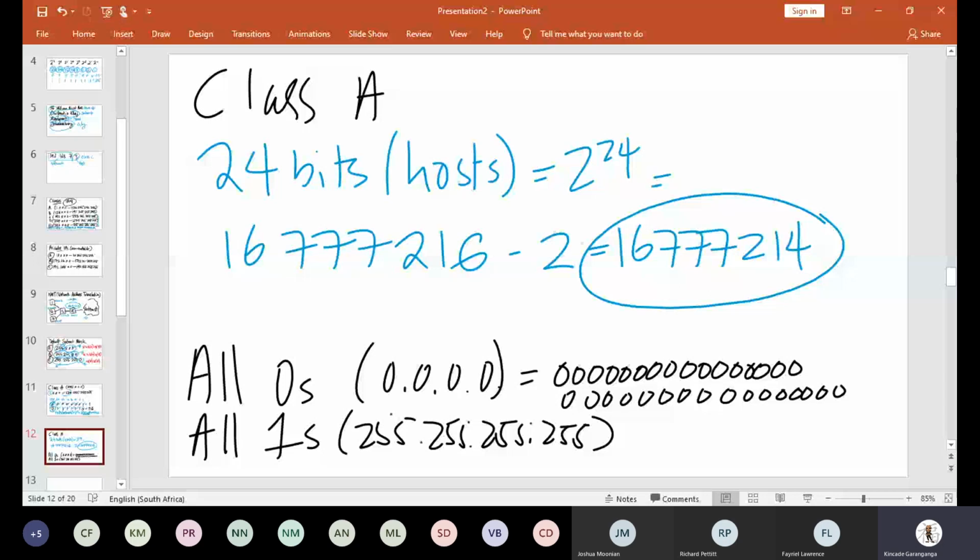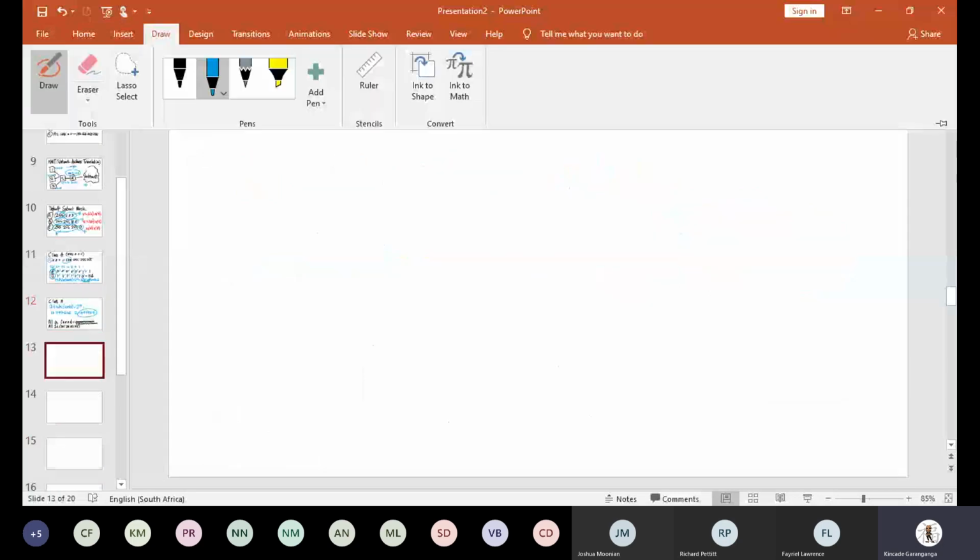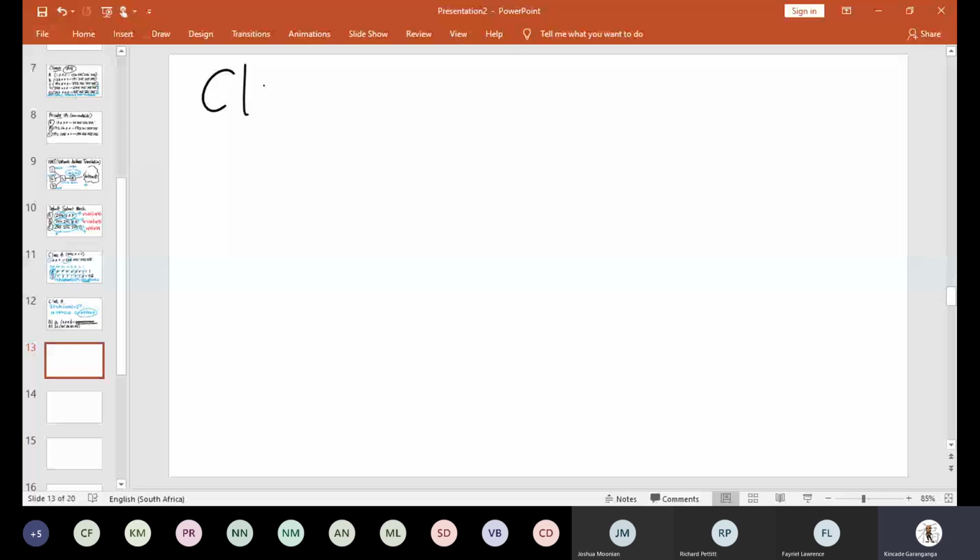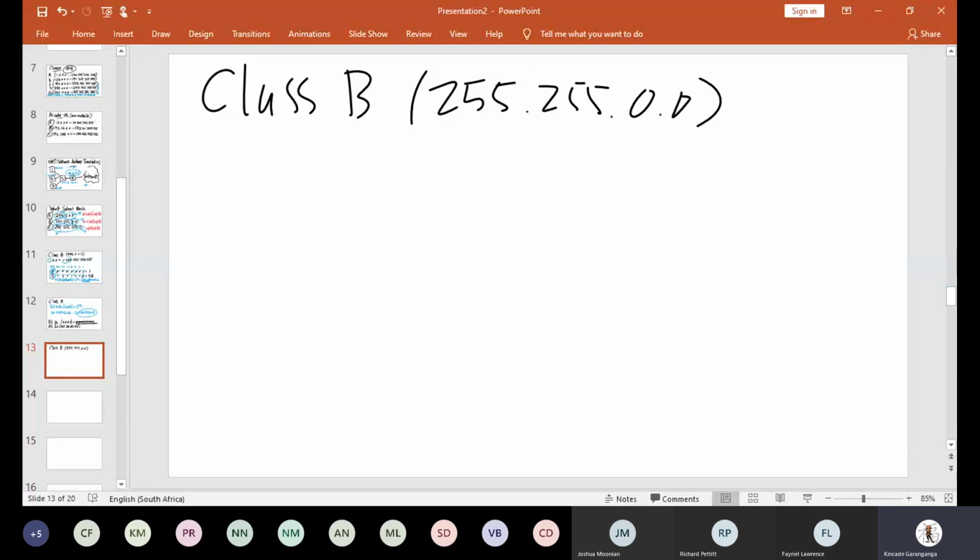It's the same when you look at Class B now. Remember Class B, we've got our default mask of 255.255.0.0. That will obviously mean that the first 2 portions represent network, the last 2 represent host. But again, like we said before, it's not really as simple as that. You obviously have to take context into consideration.